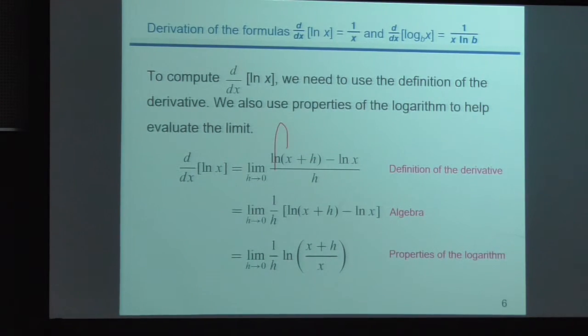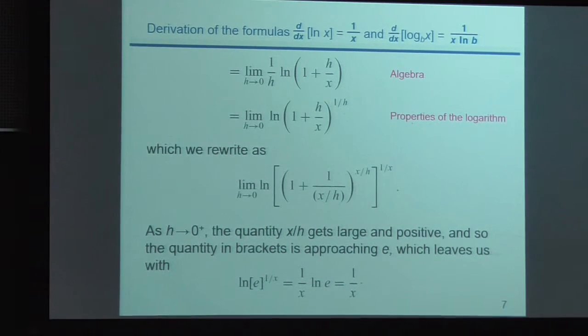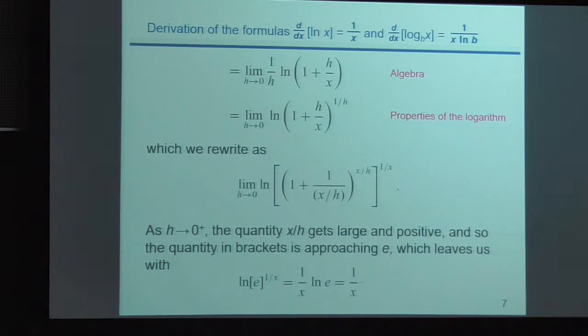Usually we have f here and f here, which is the definition of the derivative of a function f, but now we put in the ln function instead of f, and keep doing algebra. Here they use a property of the log function, and the next screen brings us here. We do more algebra, another property of log functions, and we end up with this, and finally we get 1 over x.